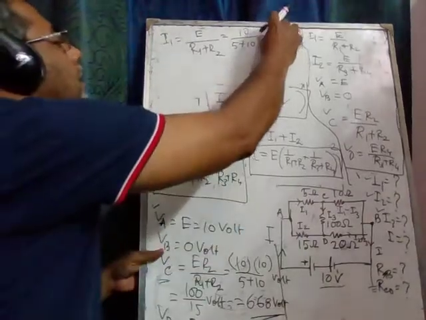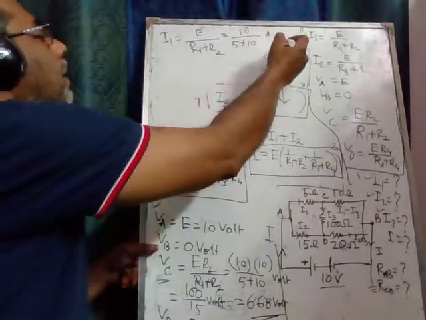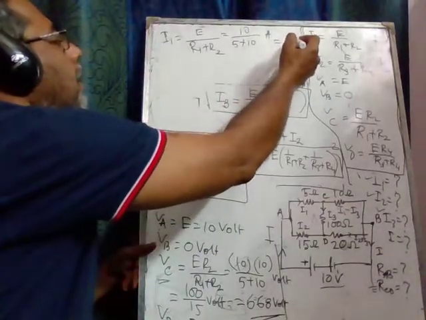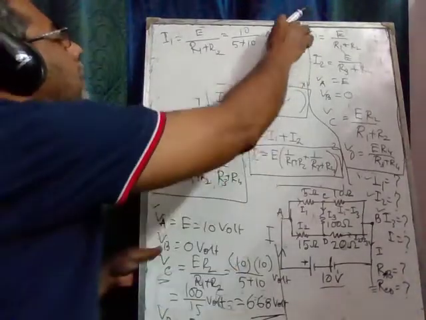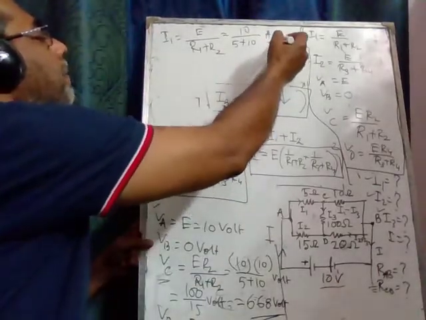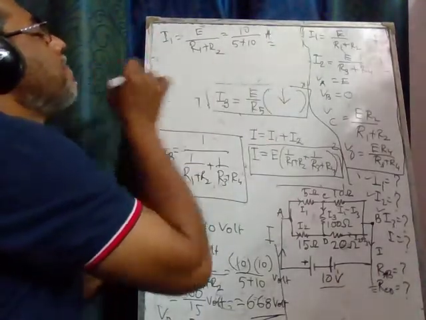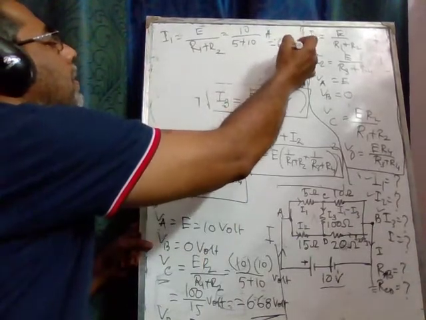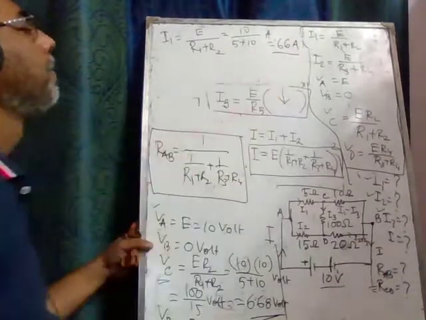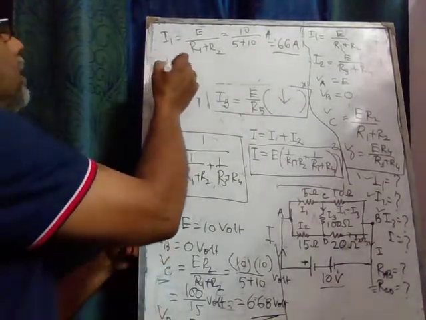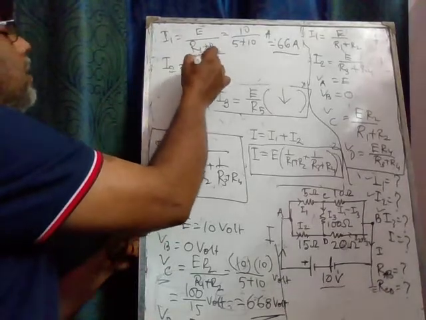Ampere is simply written A. So 10 over 15 means 0.66 A, approximately.